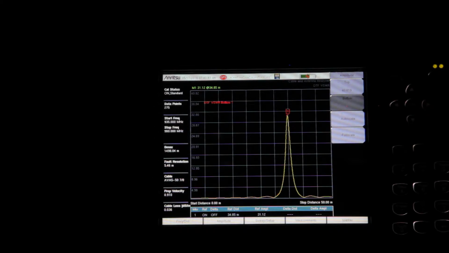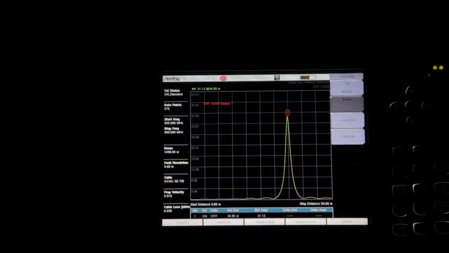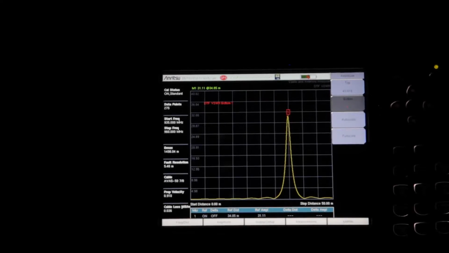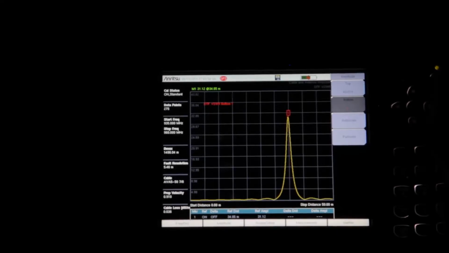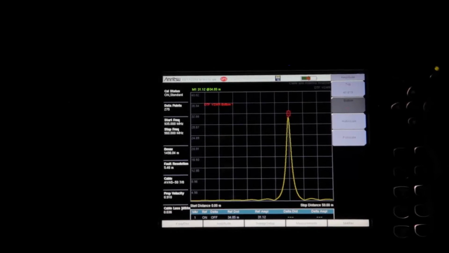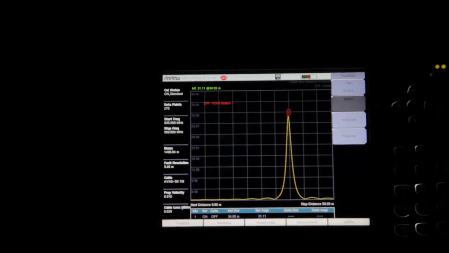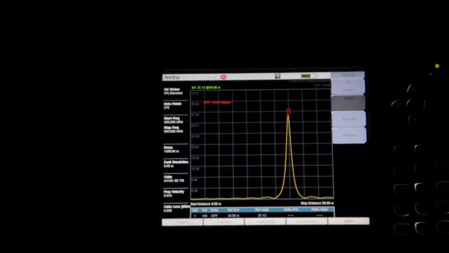You see this big peak, it shows us the loss we have here, and here we have a distance. Let me read here, I see that it's not correct. This cable system, its length is 44.85. This is the total length of our cable system.